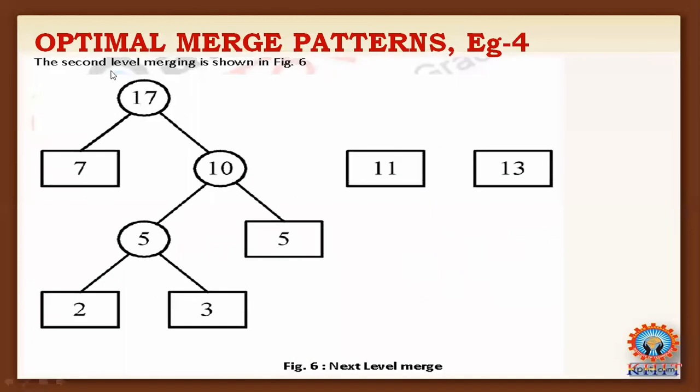Students will make a mistake here. Please do not merge 17 with 11. If you merge 17 with 11, the file size is 28. But no, you can merge 11 plus 13, which gives 24. Which one is smaller? I will explain here.